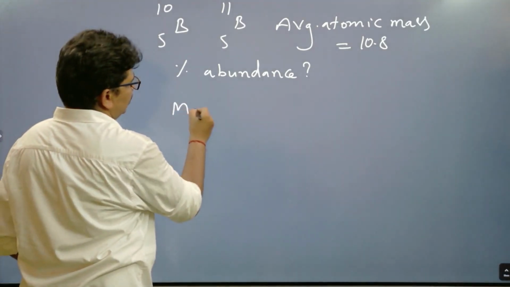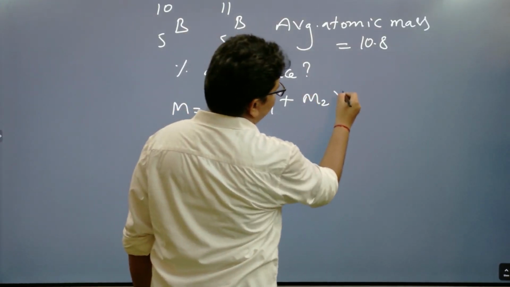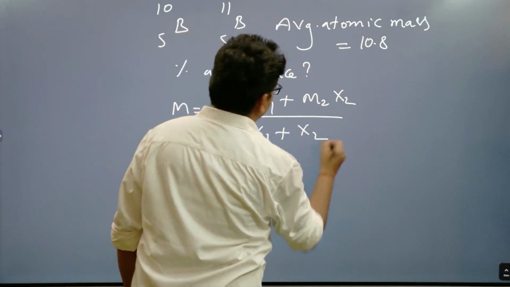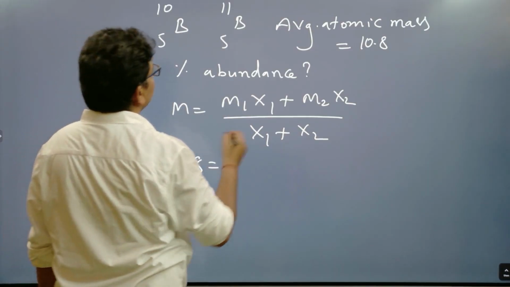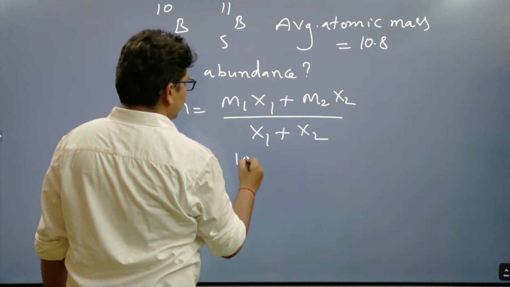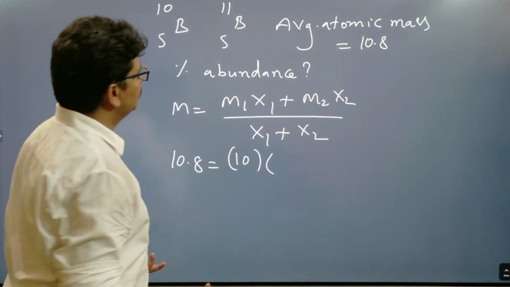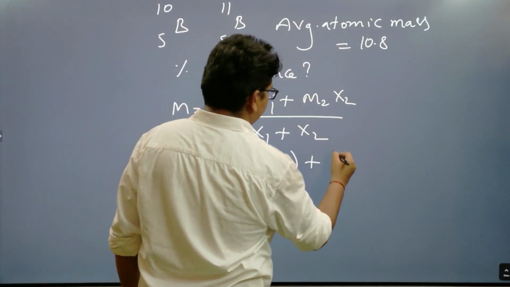Your same formula. What is that formula? M is equal to M1x1 plus M2x2 divided by x1 plus x2. Average atomic mass is 10.8. First isotope mass is 10. What is its percentage abundance? I don't know. Take it as x. What is M2? 11.